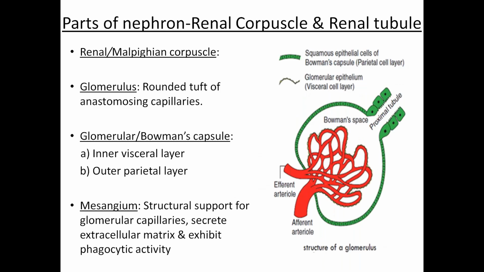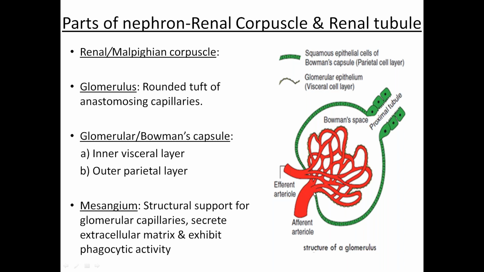So first, let's talk about the renal or the Malpighian corpuscle, as it's also called. It is a rounded structure comprising a glomerulus, surrounded by a glomerular capsule. Now, what is your glomerulus? It's a rounded tuft of anastomosing capillaries.